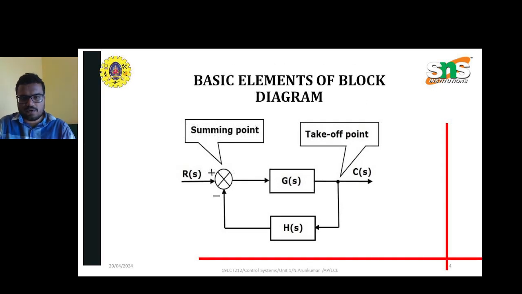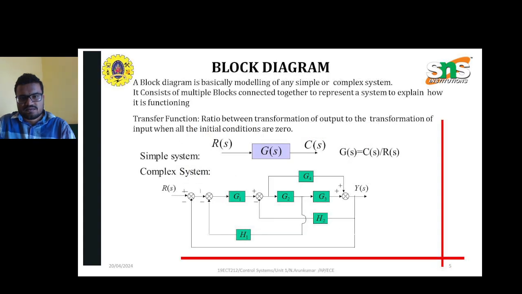Basic elements of block diagram. We have already discussed the input, output, and transfer function. In the block diagram, we can define all those functions. R(S) is the input, G(S) is the transfer function, H(S) is the feedback loop, and C(S) is the output.